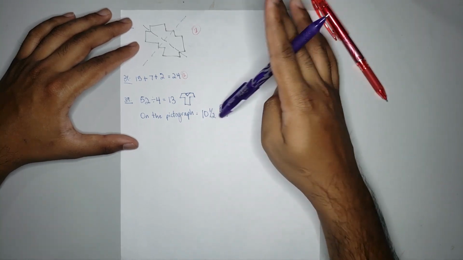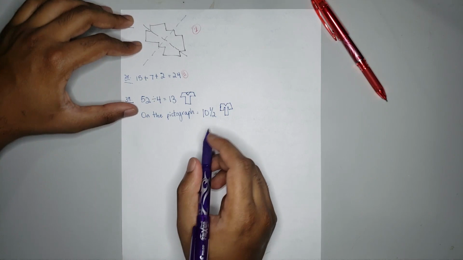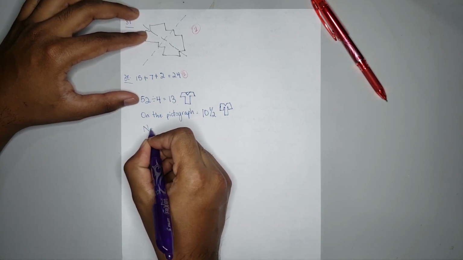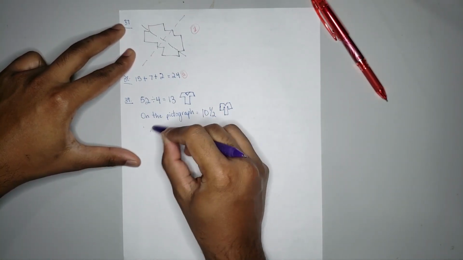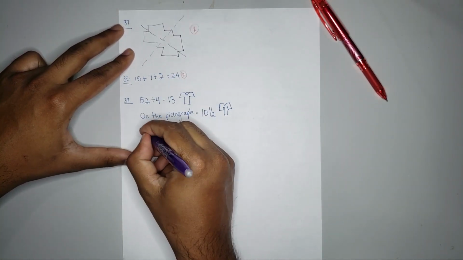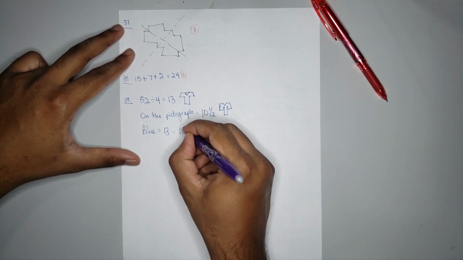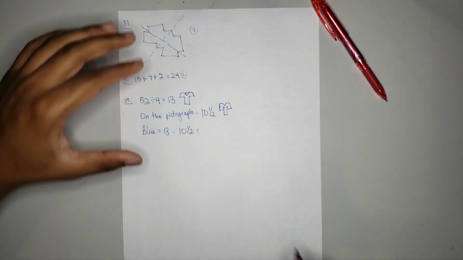Alright, so if we need to have 13 of the graphics, we need to figure out what the blue is equal to: 13 take away 10 and a half, which is equal to 2.5.